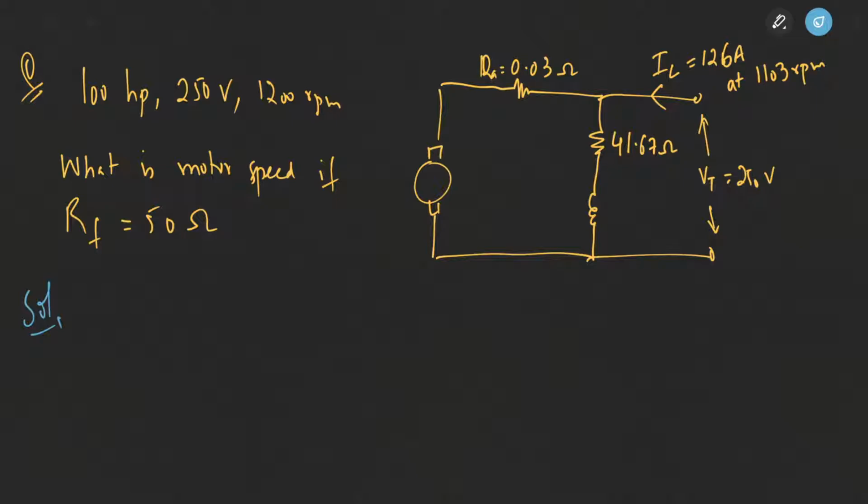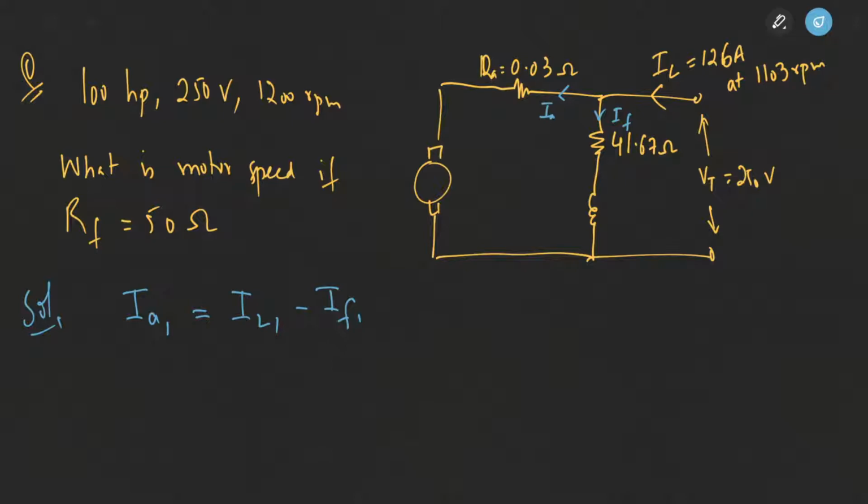So at 1103 rpm and 126 amperes, this is the armature current and this is the field current. IA1 will be equal to IL1 minus IF1.